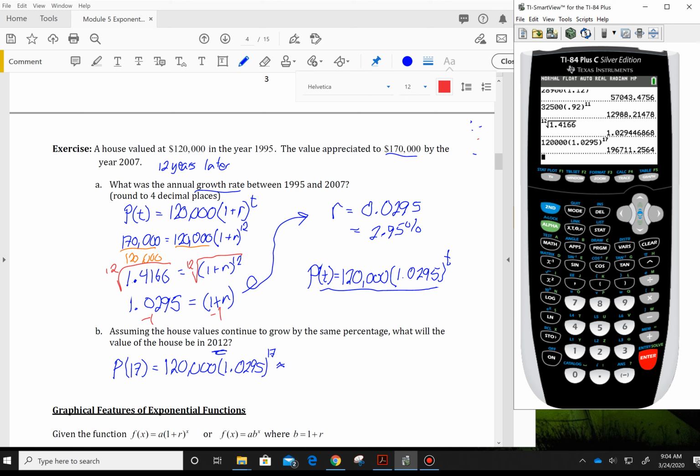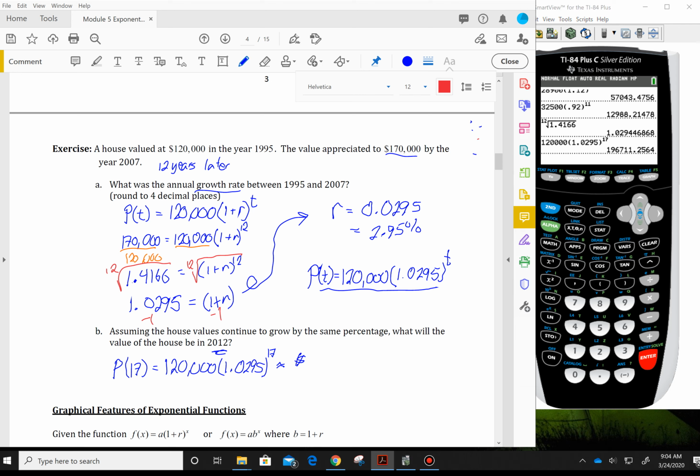And I calculate this value as 196,711. And I guess since we're talking about money, let's round this to the nearest penny and call this 26 cents would be the value of your house in the year 2012.